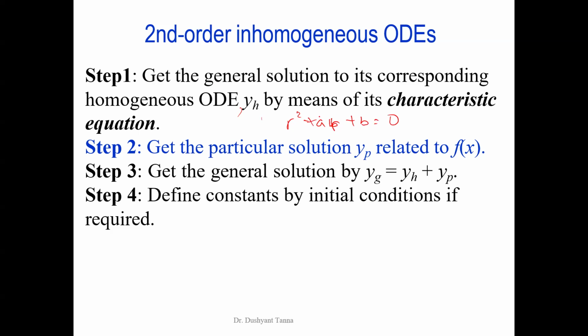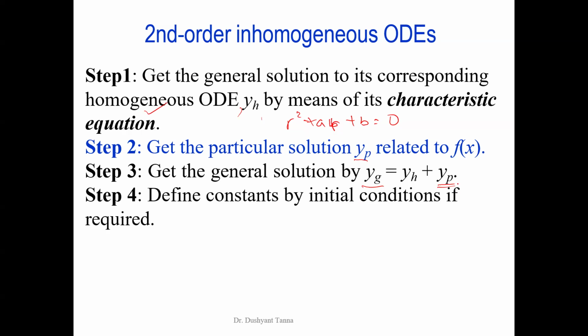But for now, we are restricting our discussion to 3 cases only, for second order. Then we will get the particular solution y_p related to f(x), and then the general solution y, which is y_h for the corresponding homogeneous ODE plus y_p, the particular solution.